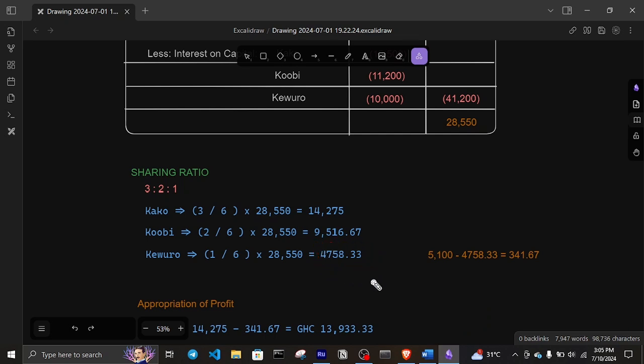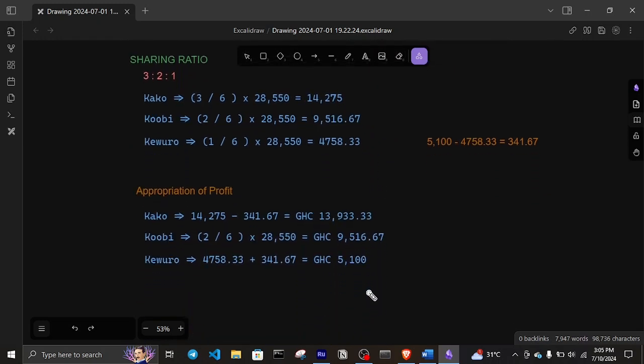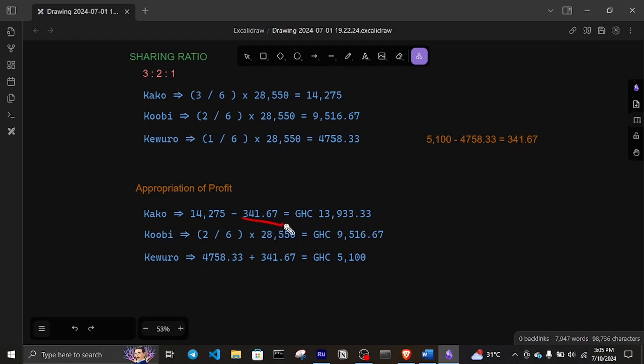So to ensure that Kero's amount is up to 5,100 Ghana cedis, we are going to calculate the amount that is left to enable Kero to get the 5,100 Ghana cedis, which is going to be 341.67. So now we are going to take this amount, 341.67 Ghana cedis, from Kaku and then add it to Kero's money, since it was Kaku who promised that.